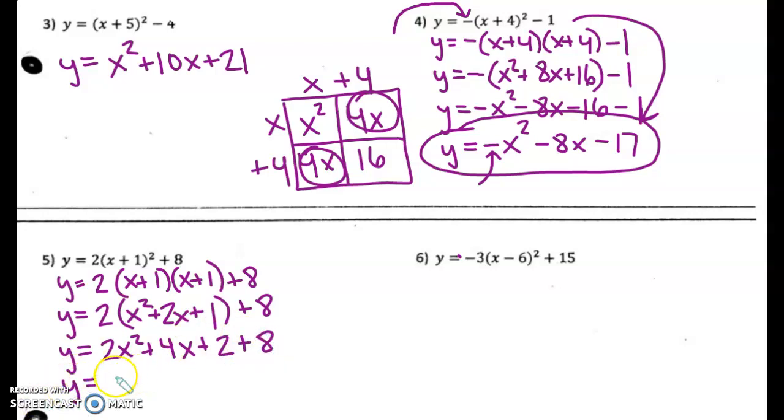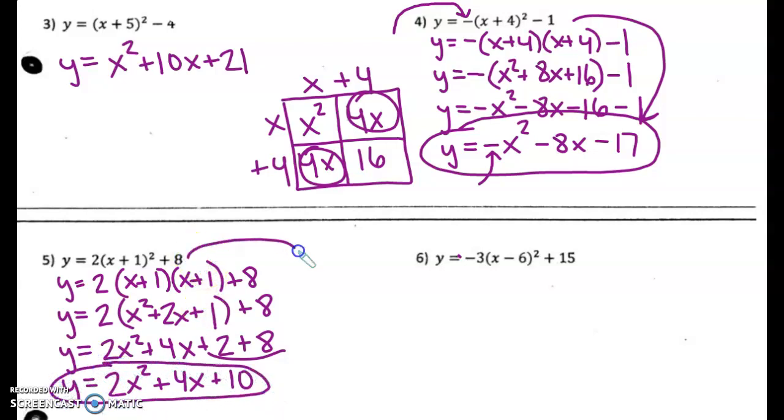So combining like terms, I have a 2x squared still, a plus 4x, and then a 2 plus 8, which gives me a positive 10. So notice on this, when I converted vertex form to standard form, check out the a value. The a value is 2, and the a value is 2. It matches, okay? All right, last one, number 6.